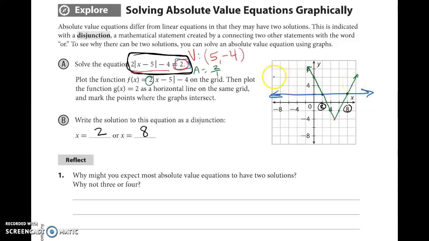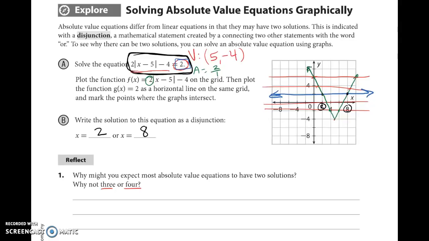So let's say the statement was equal to 6, it still only hits the graph once here and twice there. So if we continue this, sorry my lines are not straight, but there's nowhere on here where it's going to intersect 3 or 4 times or anything more than that.